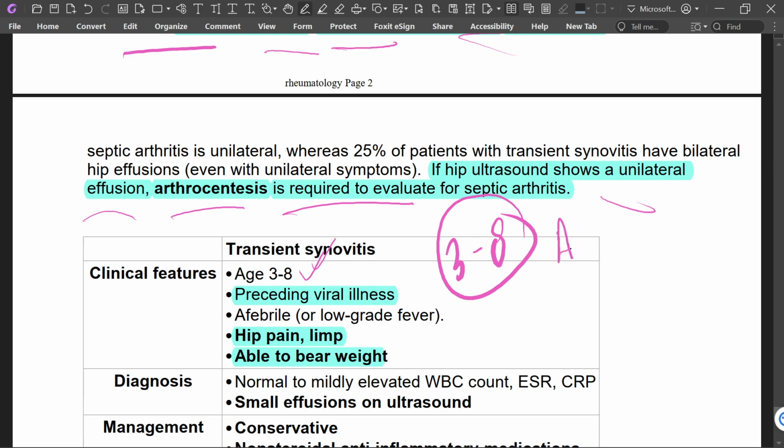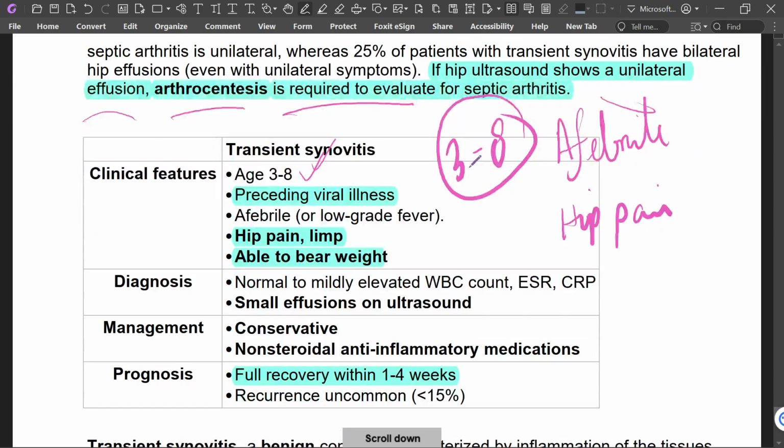They are usually afebrile. There is limping and hip pain. They are able to bear weight, with normal or mildly elevated ESR, CRP, and WBC count, and a small effusion on ultrasound.